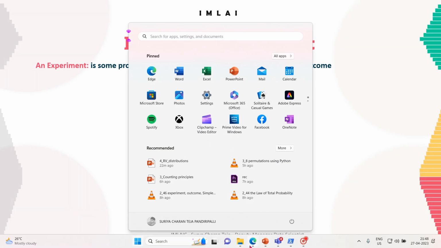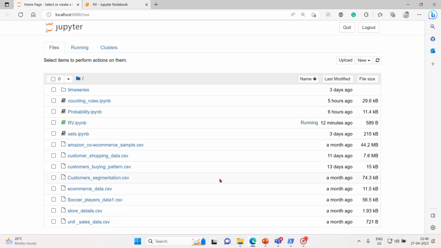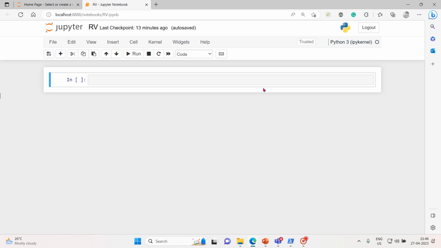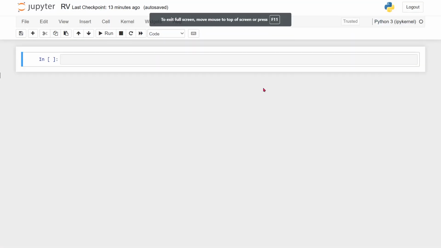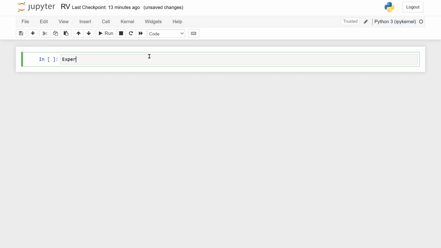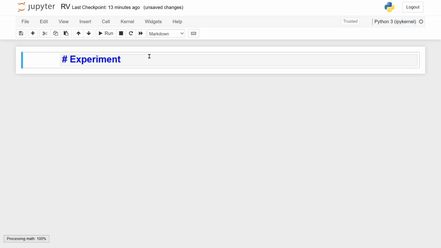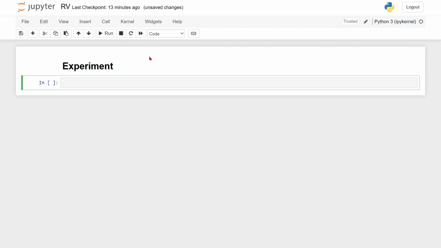So let's see some examples for experiment. For example 1, we'll take the first example from physics. That would be much easier for you to understand.